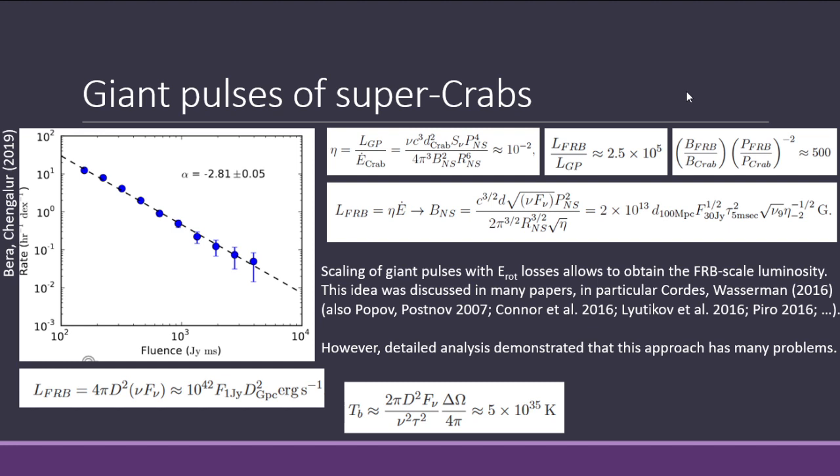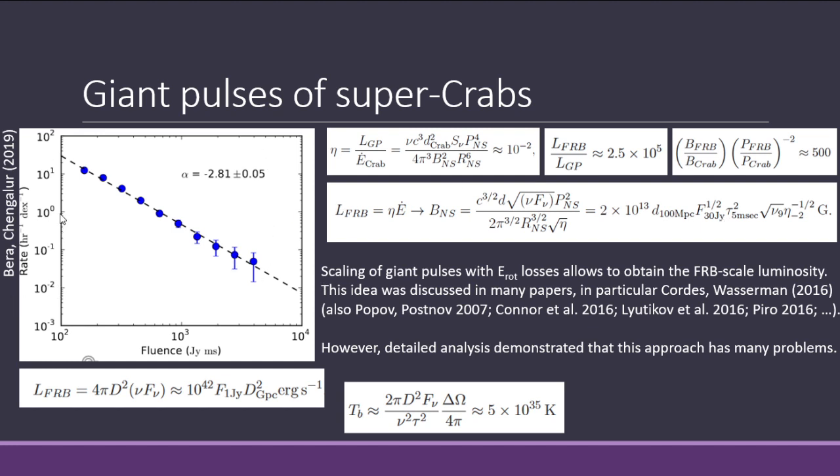The second idea related to neutron stars was related to these giant pulses. As I told you, some pulsars, and in particular the Crab pulsar, the most known radio pulsar, sometimes can emit very powerful bursts. Of course, the larger the energetics of the burst, the less frequent they appear. So you can see it on the plot.